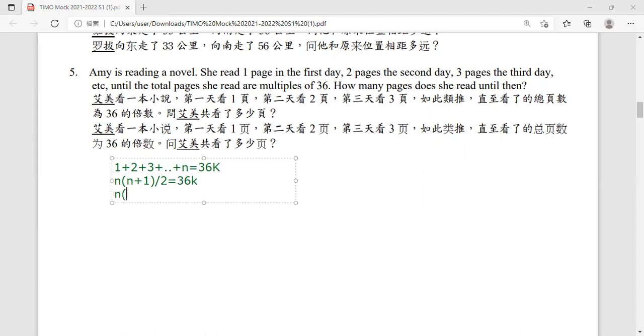So n times n plus 1 equal to 72. Hopefully you know that 72 equals 8 times 9, so n is 8. But it's 36, not 8, because the question is asking how many pages she read until then.